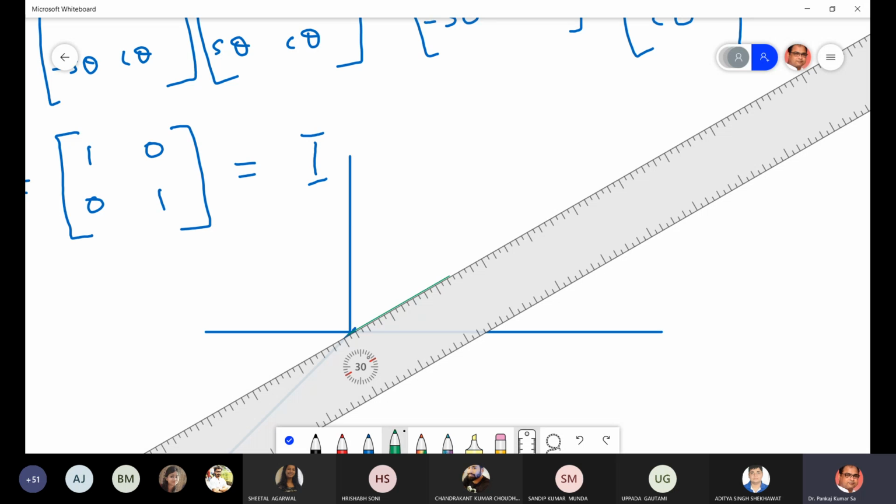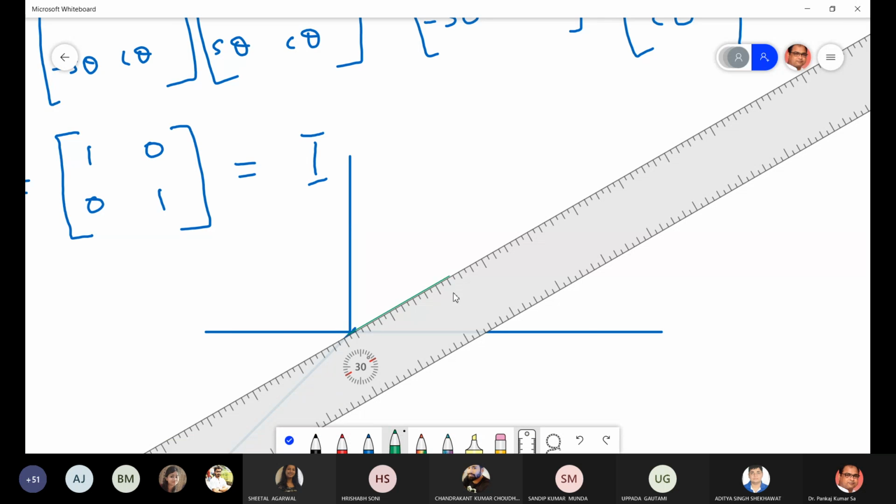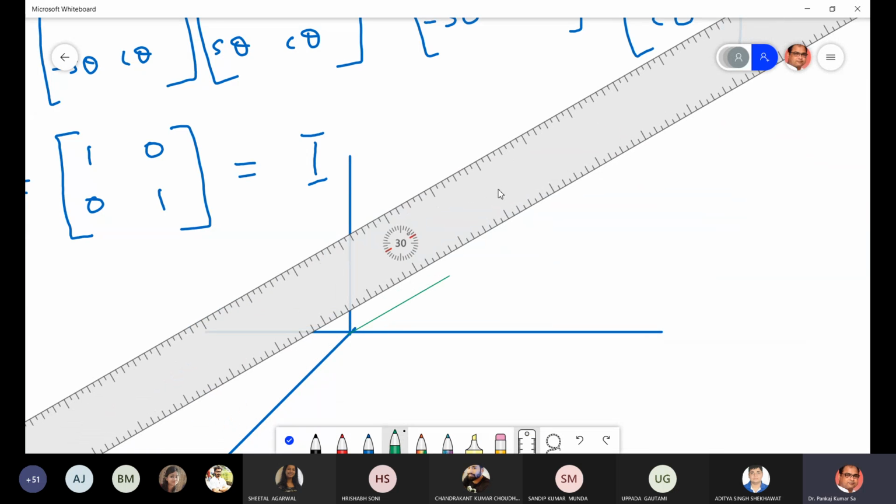There is some problem. This whiteboard got stuck.